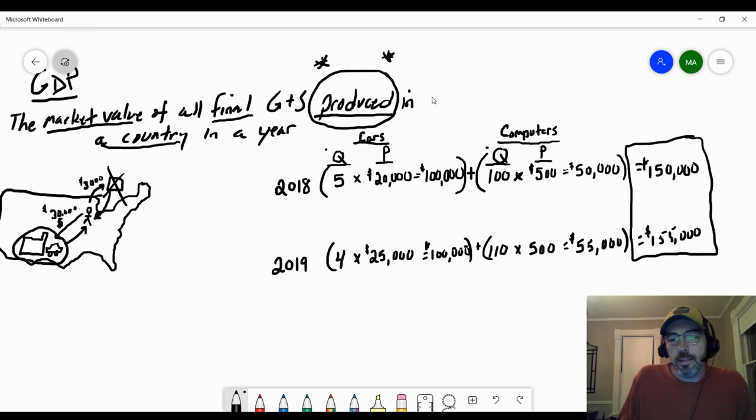Let's think about this in a different context. Imagine our country produced not cars and computers, but let's say cars, and what's something that is pretty insignificant? Let's say envelopes. Let's say that we produce cars and envelopes.